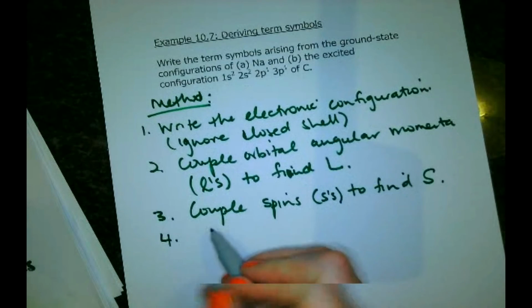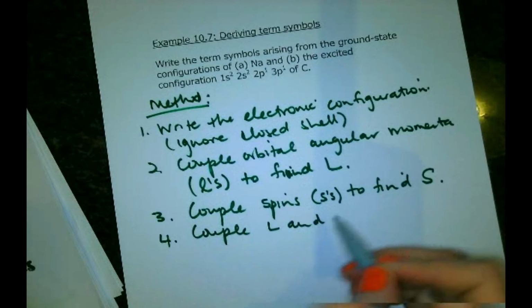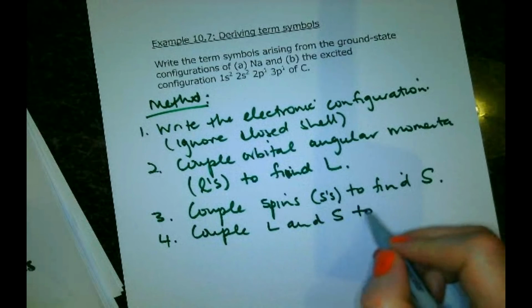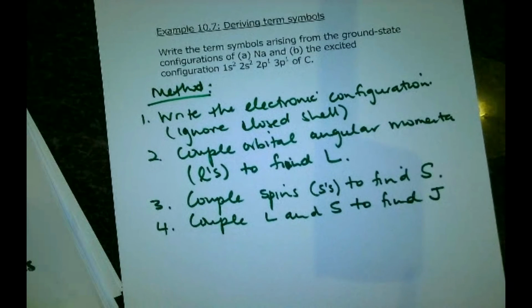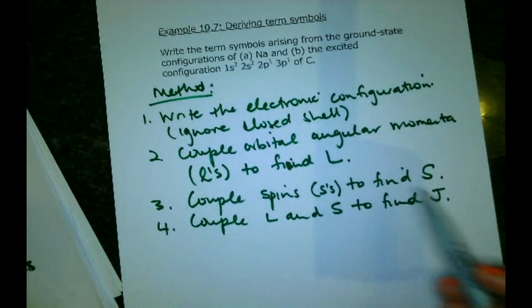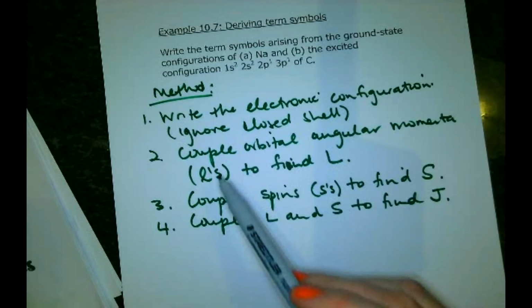Step 4, couple uppercase L and uppercase S, to find J, which is the total angular momentum. And all of this you do using the Clebsch-Gordan series, steps 2 to 4.